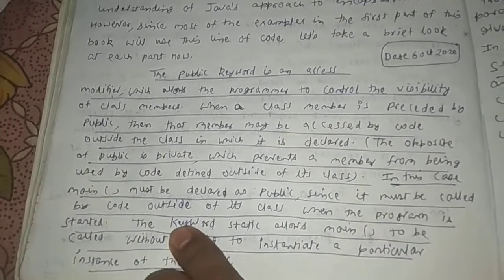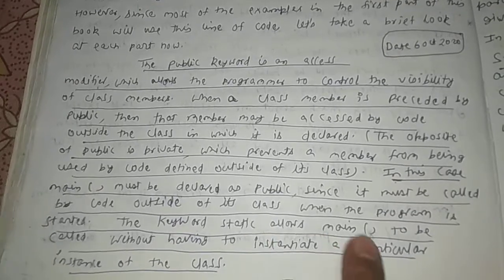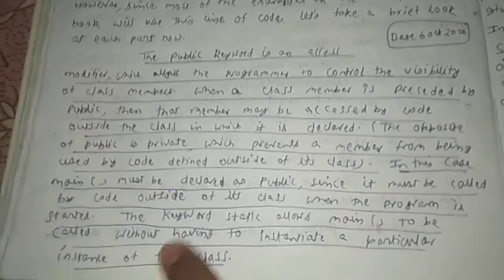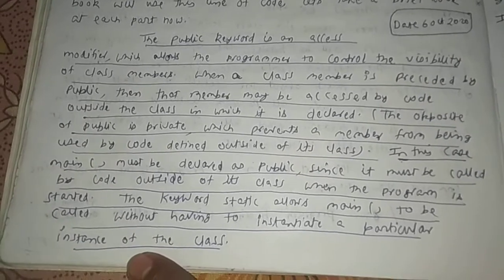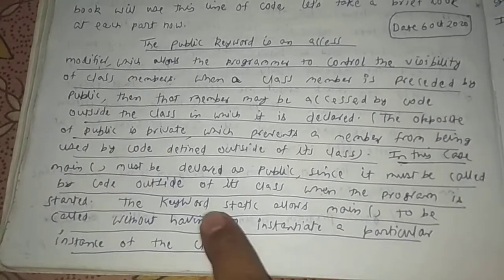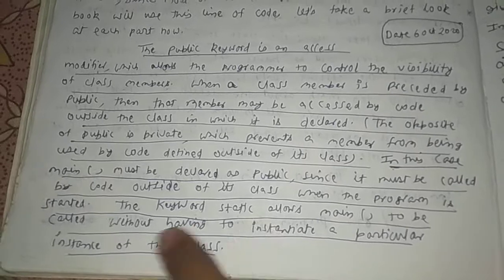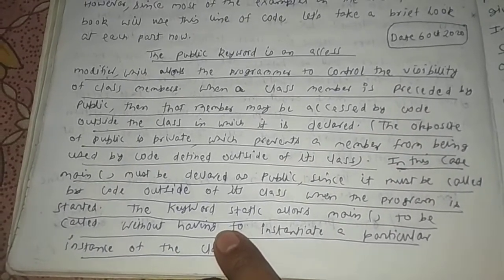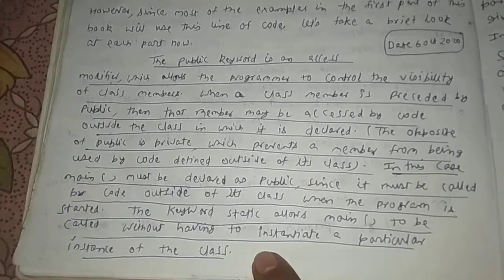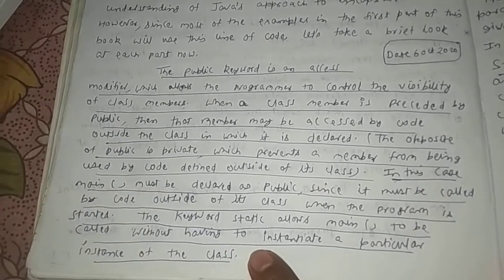Then as for static, the keyword static allows the main function to be called without having to instantiate a particular instance of the class. We don't have to create any instance of the class over here.